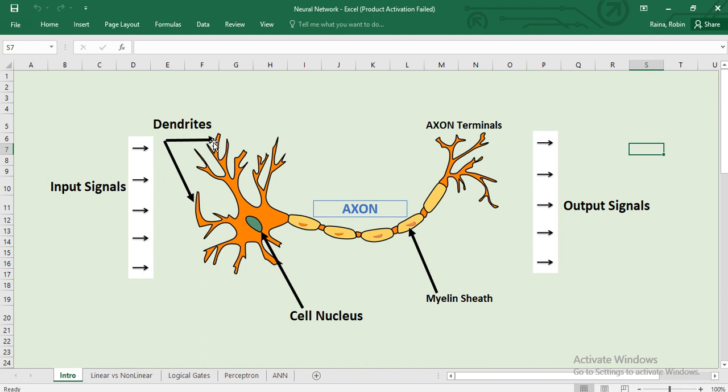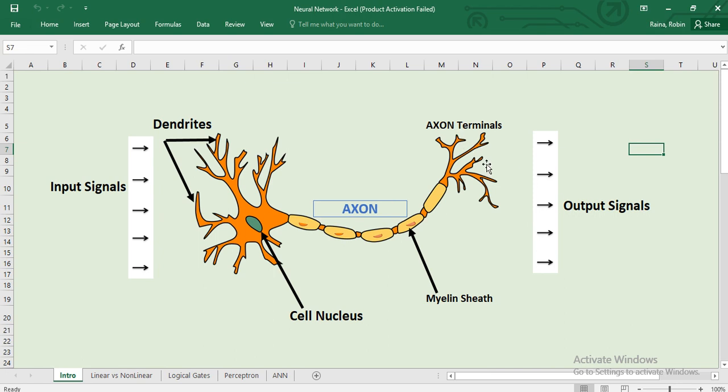They are nothing but the dendrites. The input signals come to the dendrites, and thousands of different neuron cells can pass the information at the same time to the dendrites. It acts as the input signals. It gets processed and the output signal is generated from the axon terminals.